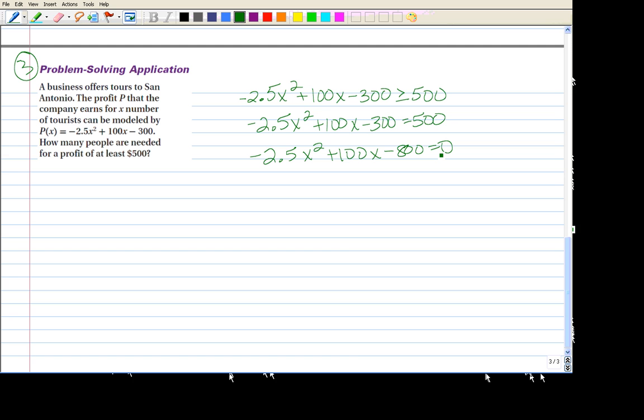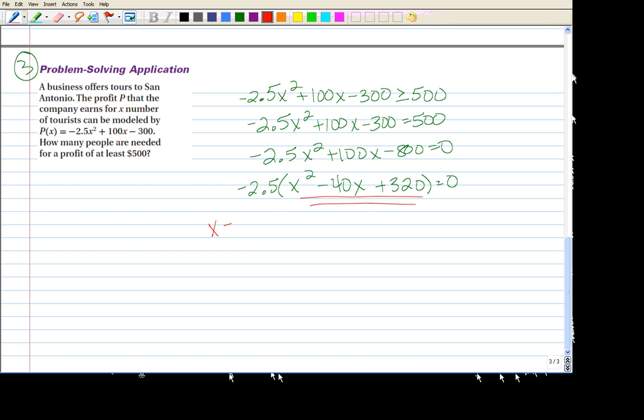So I have a function that is equal to 0, and we can use the quadratic formula here. If you want to make it a little bit easier on yourself, you can factor out the -2.5 to the front, and you'll be left with x squared minus 40x plus 320. And then you can just do the quadratic formula on the part that's left in the parentheses.